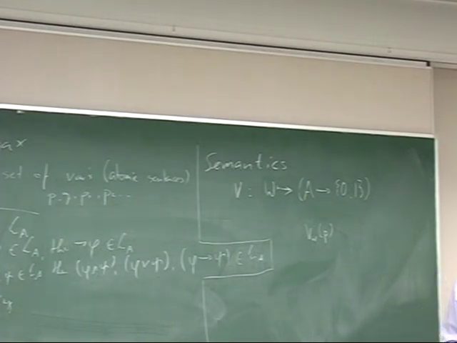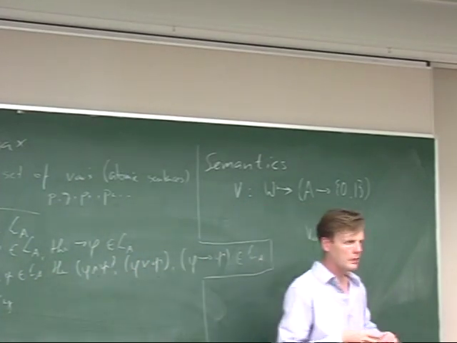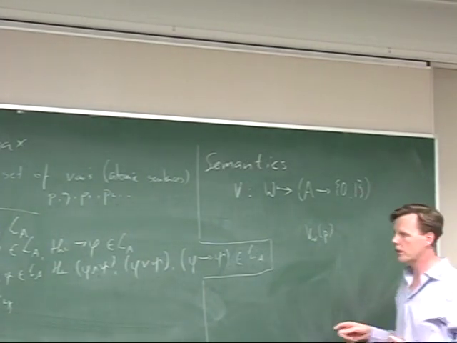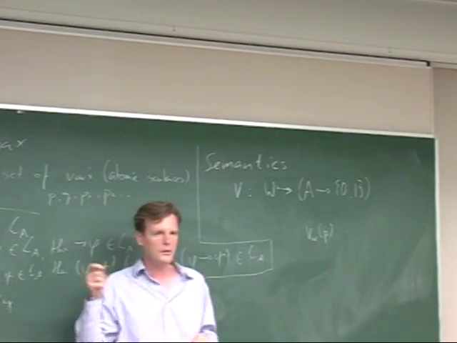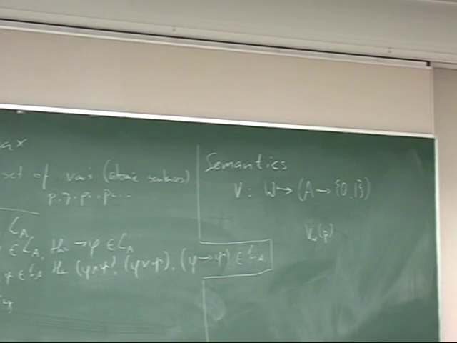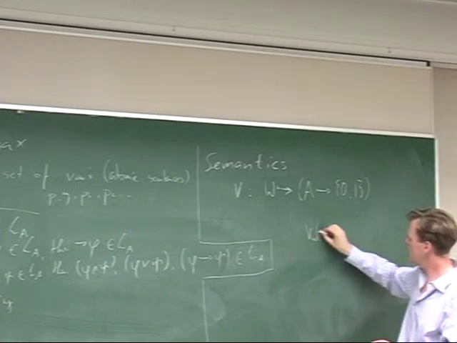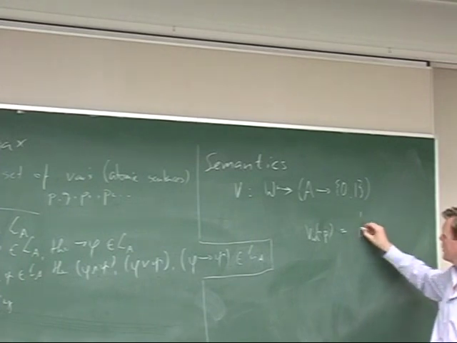Okay, so on the syntactic side, we still don't have notions of necessity and possibility and so on. But we already have this kind of model. And the truth of complex sentences, again, depends on the truth values of their constituents in exactly the same way as before. So in particular, for example, for negation, VW of the negation of P is 1 or 0.